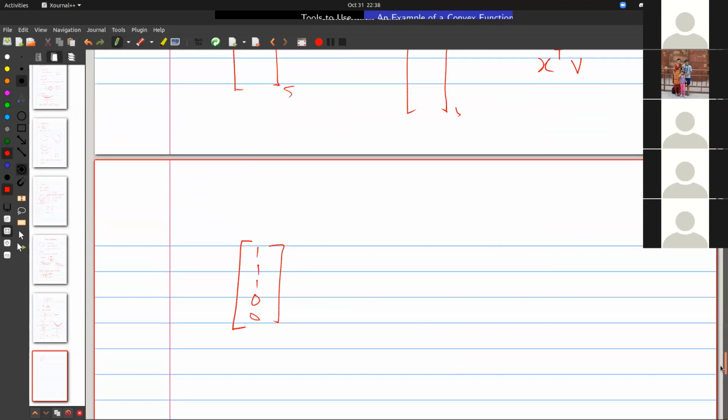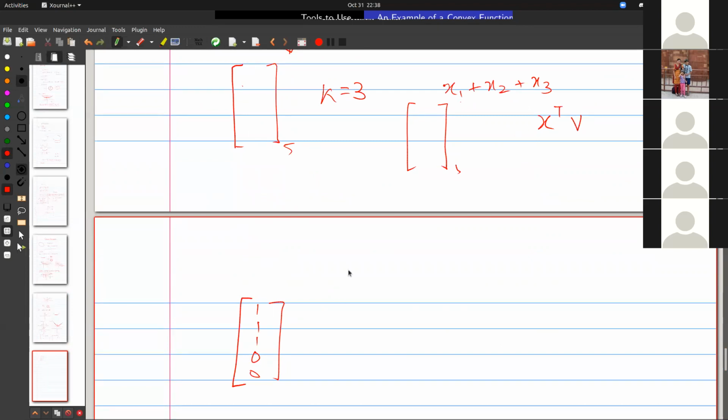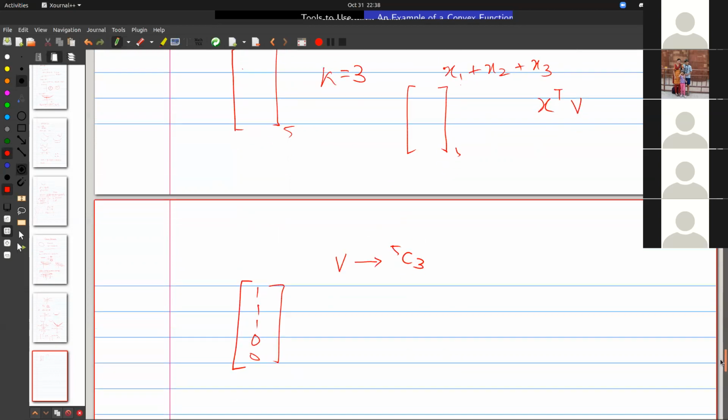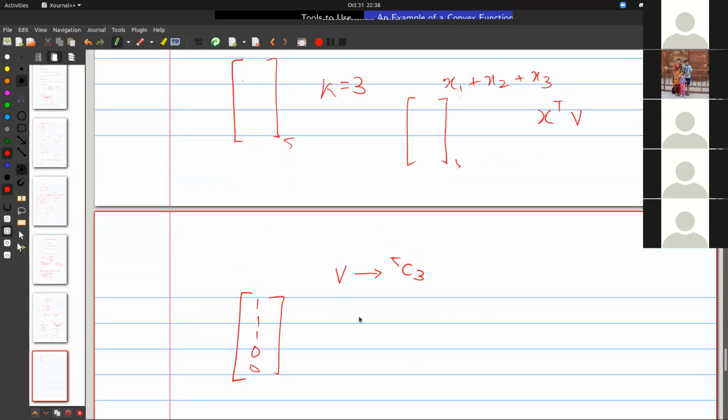Now if we take v to be all possible v's, as in all 5C3 v's, then basically what we are doing is taking a pointwise maximum of x transpose vi, where i goes from 1 to 5C3.